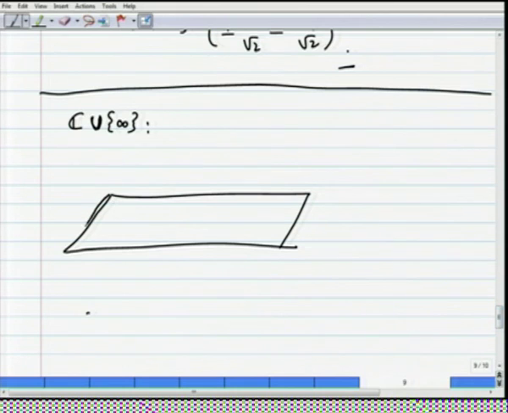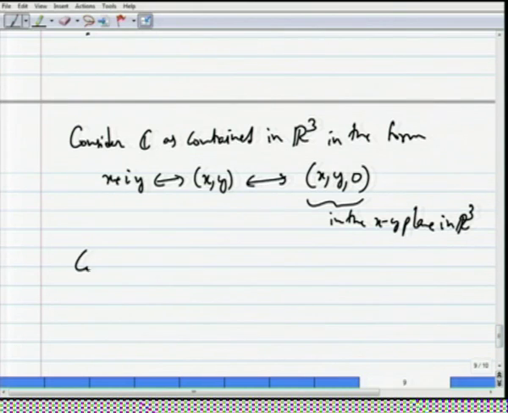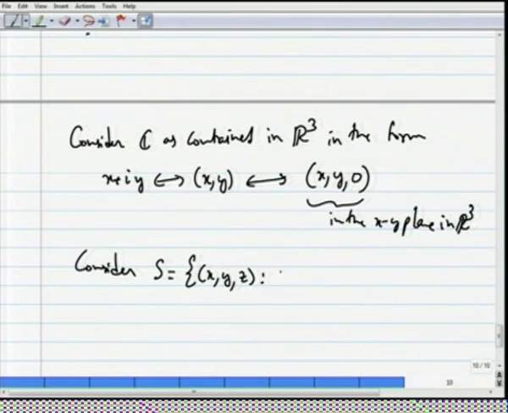So, here is the x y plane in R 3, and we have the z axis coming out. This is the x axis, the y axis. Now you consider the unit sphere S, the set of all x, y, z such that x squared plus y squared plus z squared is equal to 1.